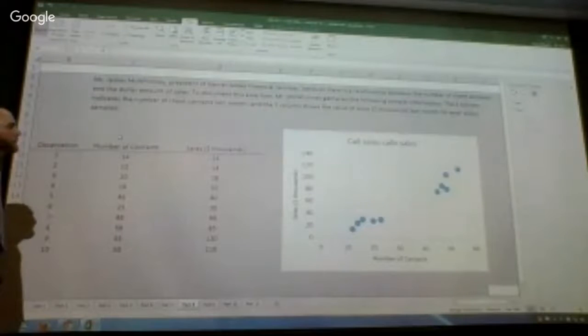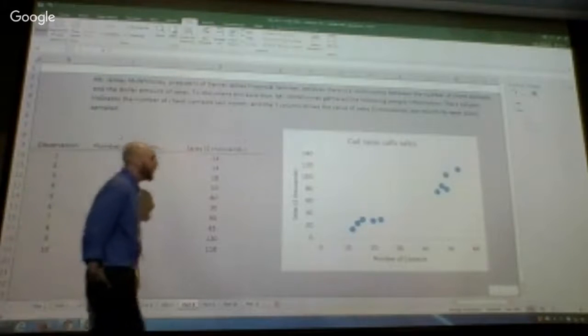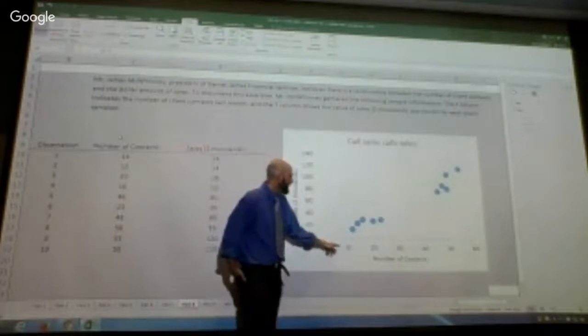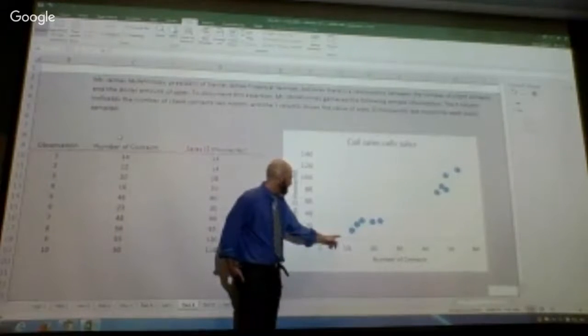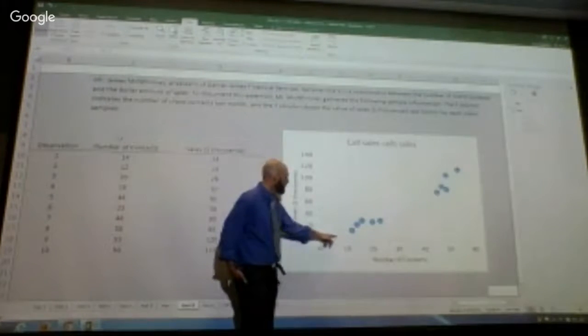It's a horrible title. Which one's the independent variable? Number of contacts. Which one is the dependent variable? Sales. Contacts and sales. There appears to be a strong positive relationship between the two. If someone had only 7 contacts, I imagine they would probably have almost no sales.